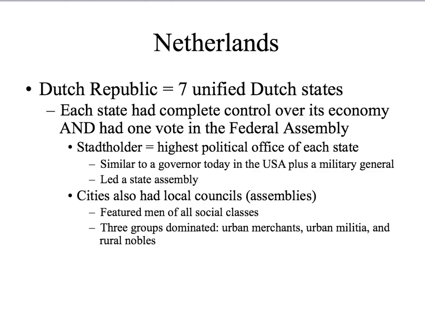While all social classes were represented, there are really 3 groups that will come to dominate. This includes the urban merchants, so the people who are making money through trade. It includes the militia, so the people who are defending the cities, those who have military power. And then lastly, the rural nobility, the people who own a lot of land.